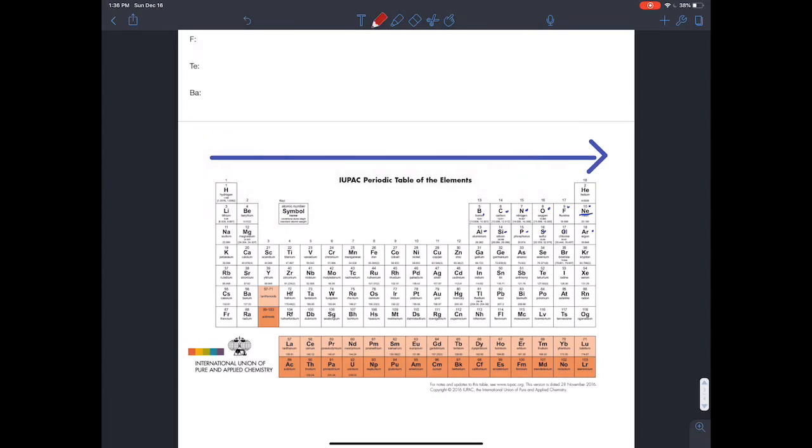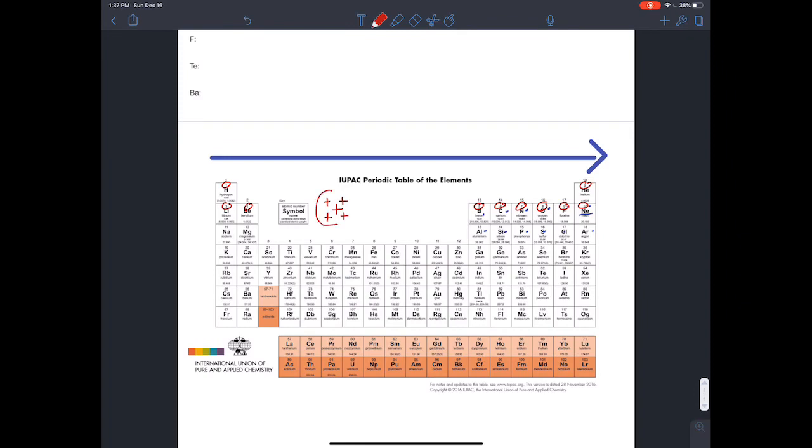Like I said in the last video, each element from left to right, the atomic number increases by 1. The number of protons in the nucleus increases by 1. Every proton has a positive charge, so every time you go to the next element to the right, you're adding another positive charge in that nucleus.